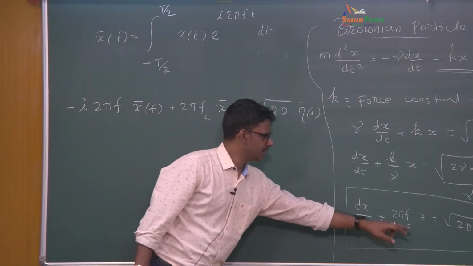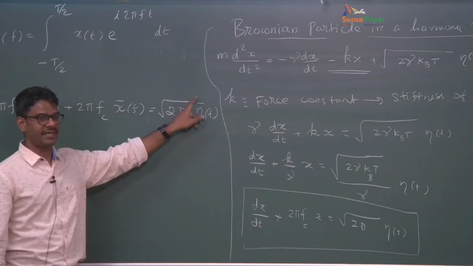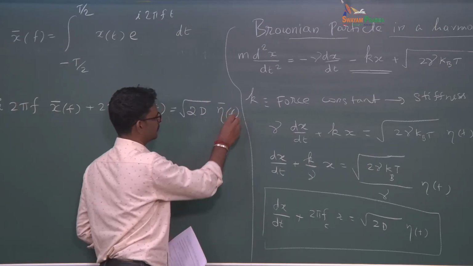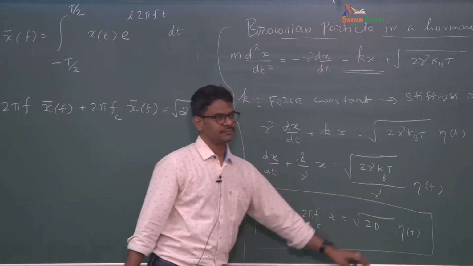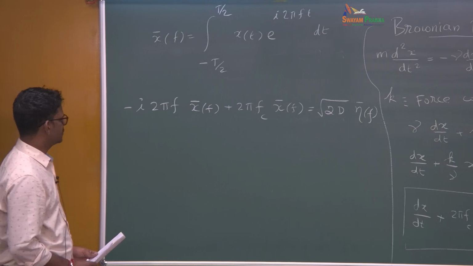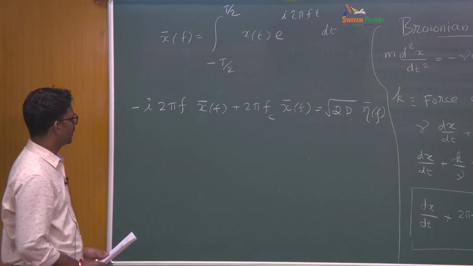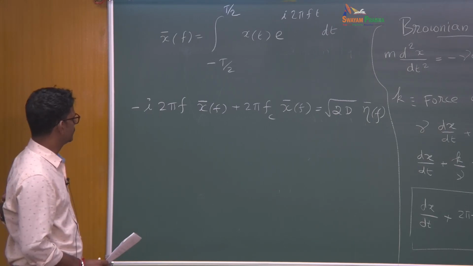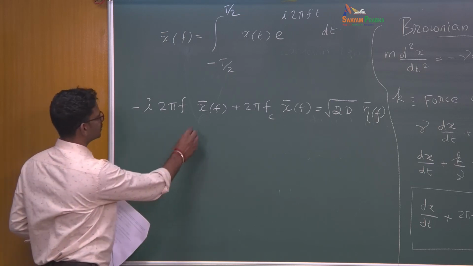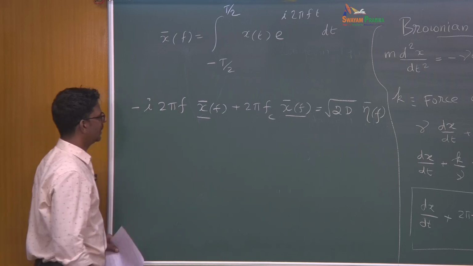In the last term, this Gaussian random variable has to be written in the frequency domain. Here it is in the time domain. You can see that it has become an algebraic equation, so from here we can try to solve for x.